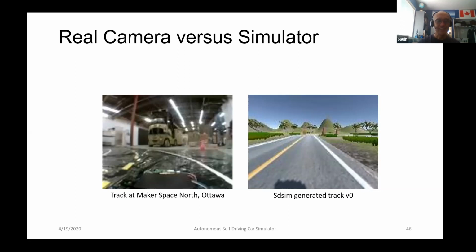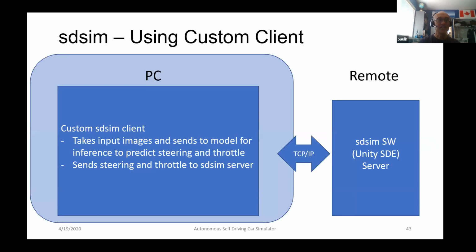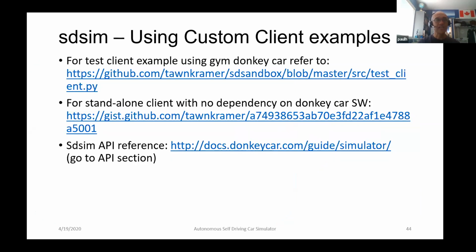So actually that just reminds me, if you're rolling your own test client, you do have to be aware of the images being sent from the simulator. And Ton has set up some camera parameters. So you can go in there and set up the camera parameters, a field of view, and also the location of the camera.